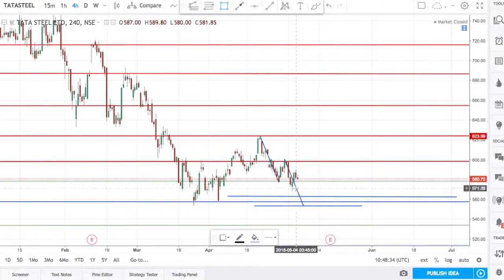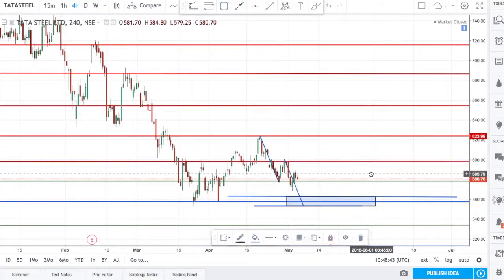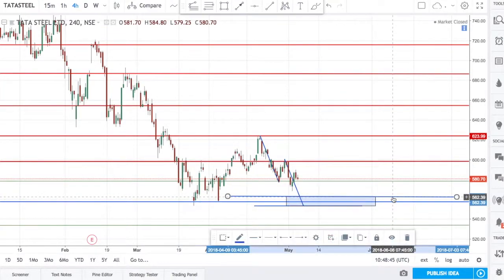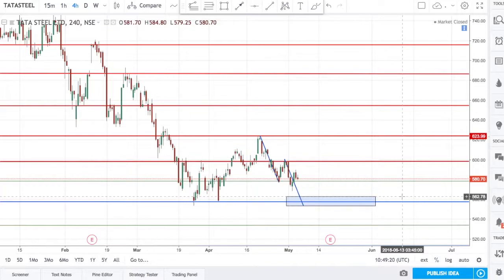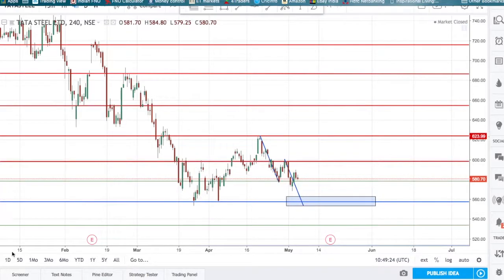Finally, let's draw a zone at our Fibonacci confluence and the completion point. This is our zone where we are expecting the prices to drop into. So next, let's pick our target placement tool and mark our target and stop loss.